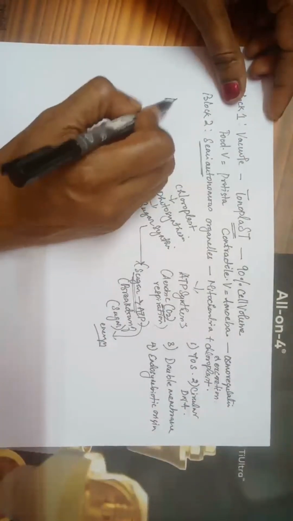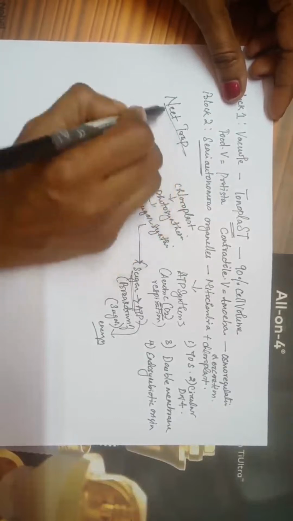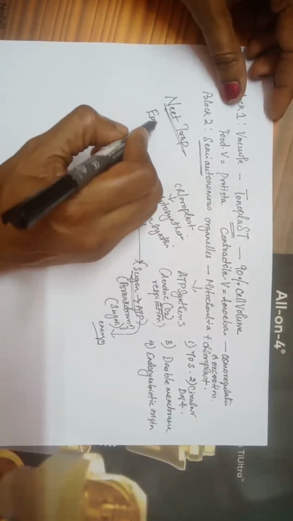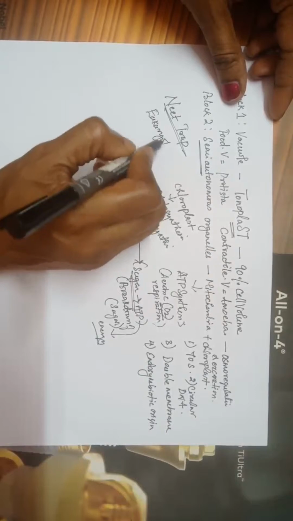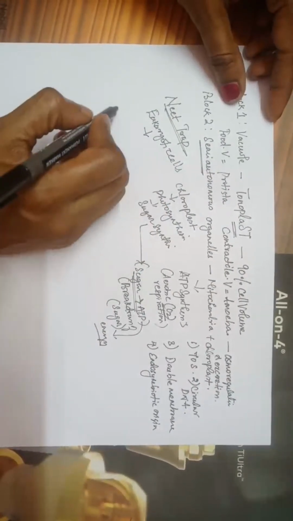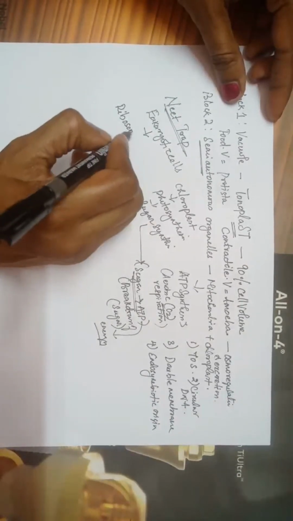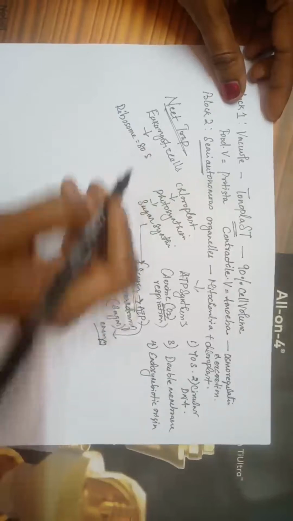We left out a very important point, that is the NEET trap. Eukaryotic cells contain what? How many types? The cellular ribosome is 80S type.